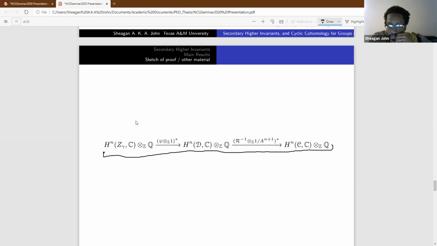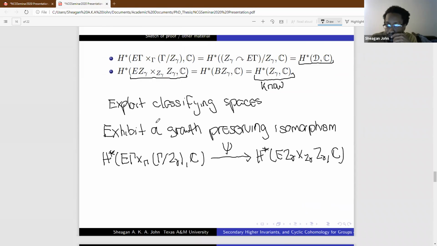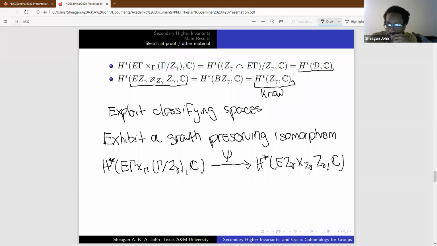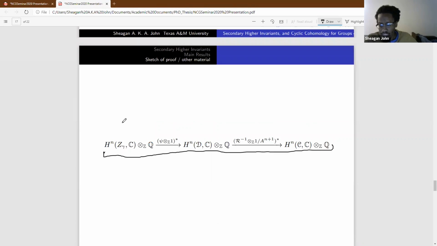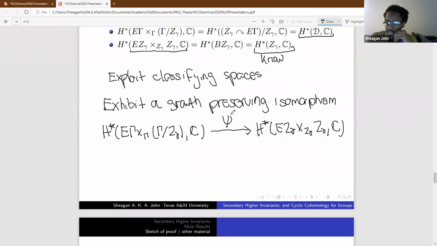So we know our group cohomology here is just going to be our topological, our singular cohomology on this balanced product. And we have already shown that we have a growth preserving isomorphism psi between the two.